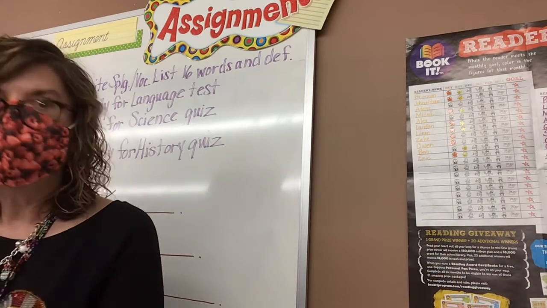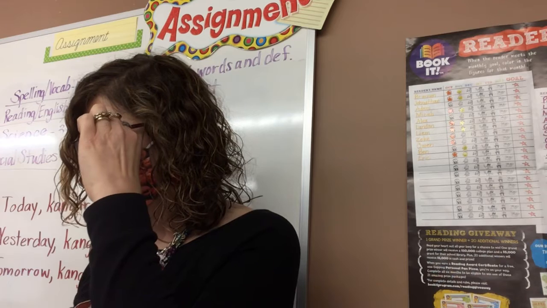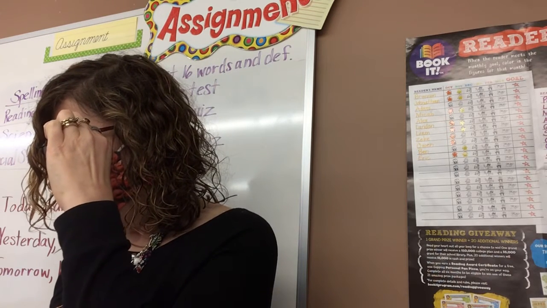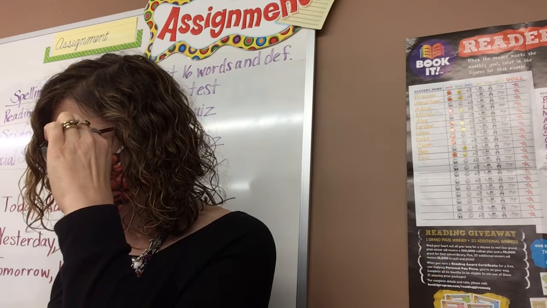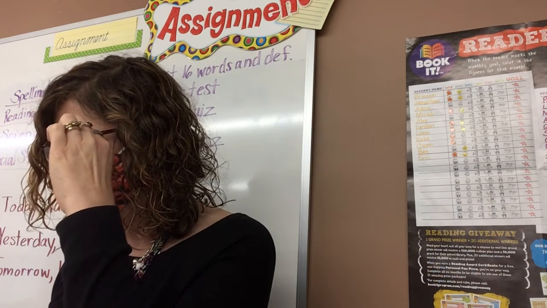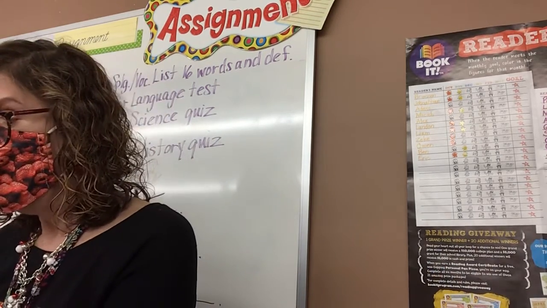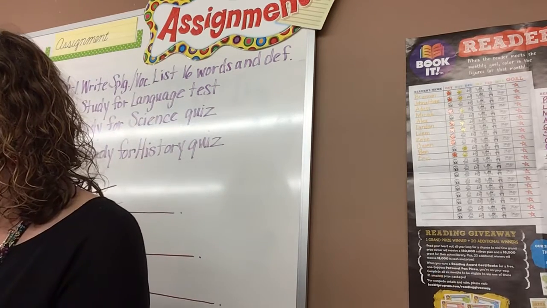Number 4 is a little bit of a story problem. All right. It says Jack has 9 pairs of pants. 1/3 of his pants have holes in the knees. How many pairs of pants have holes? All right. So we're going to divide what? What's the total number of pants he has? 9.